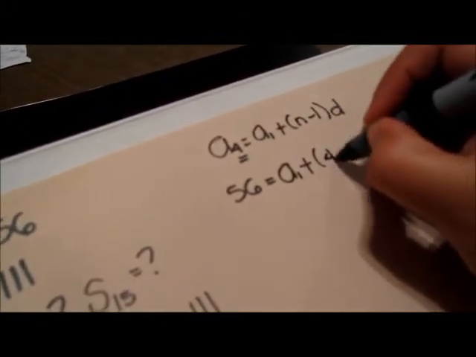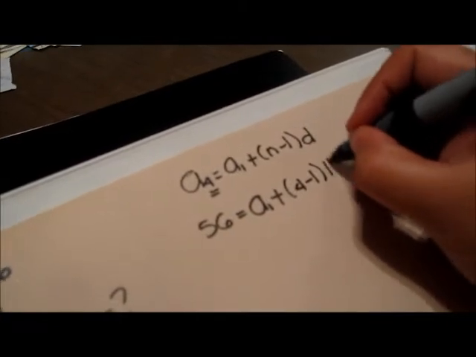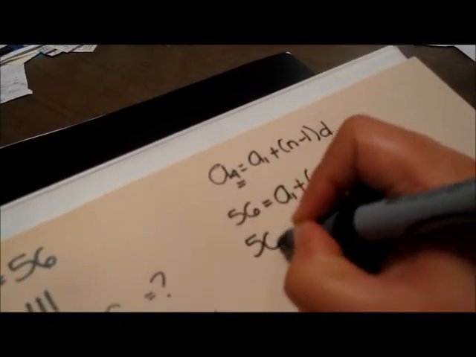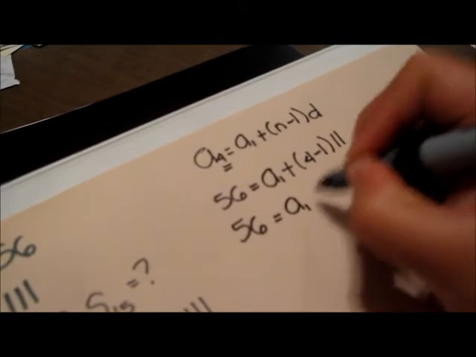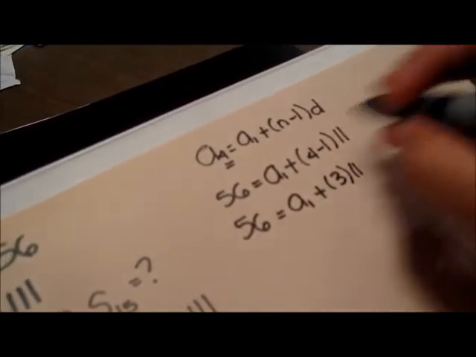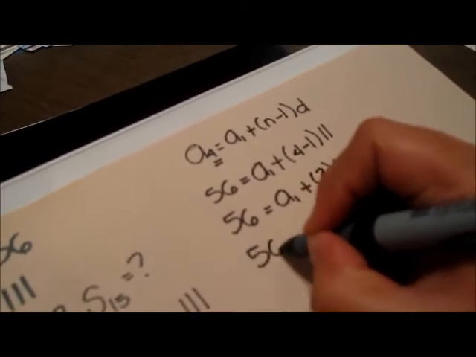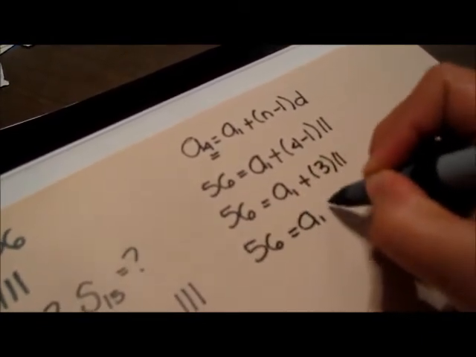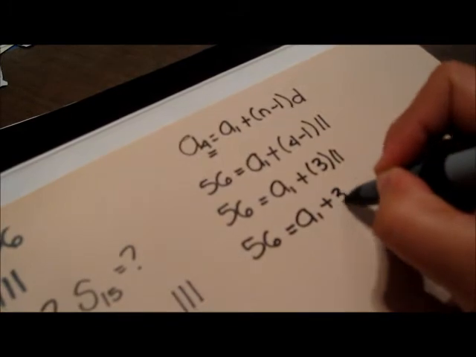So it's 4 minus 1 times d, we already found it, so it's 11. So 56 equals a1 plus 3 times 11.